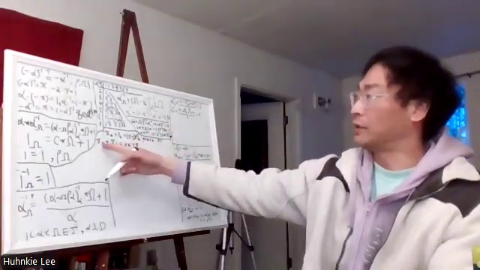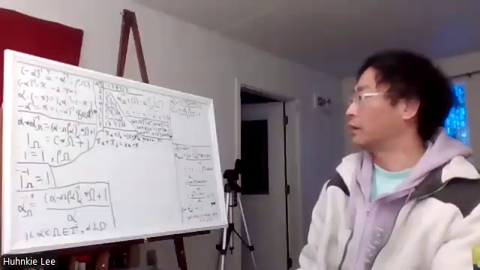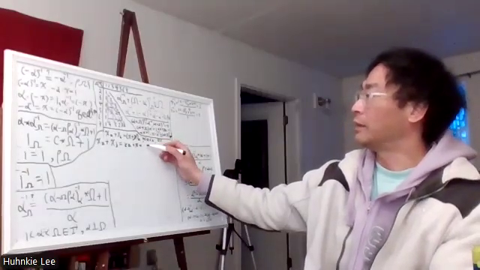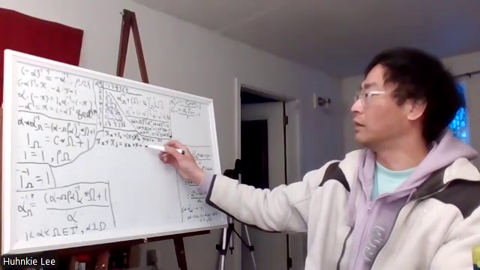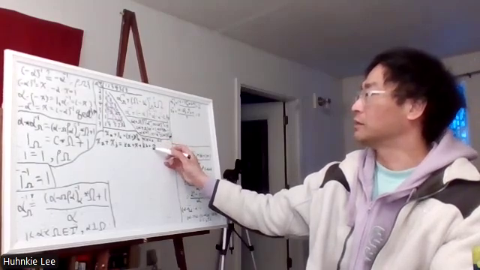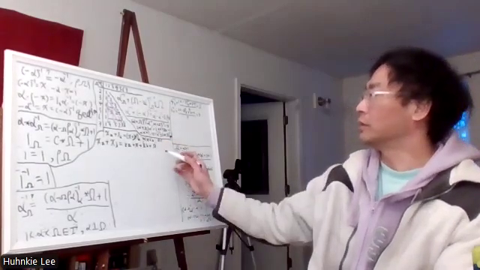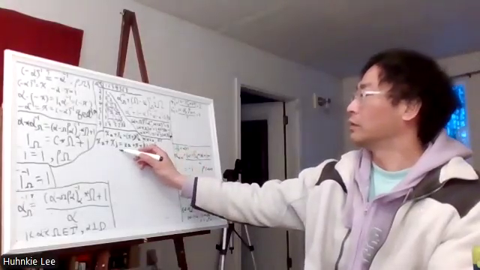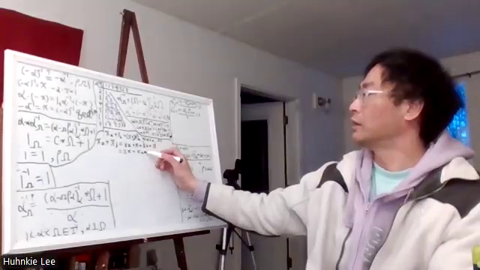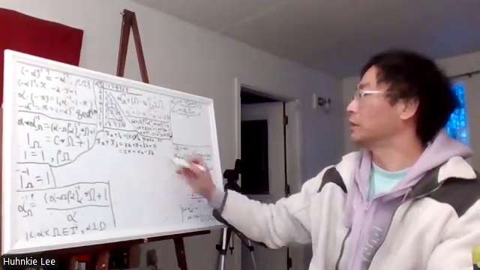Plus l times B plus x, which is 2x plus kA plus lB.